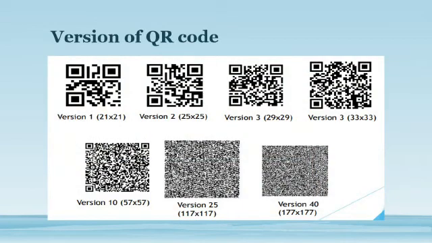These are the versions of QR code. There are 40 versions. The first version is a 21x21 matrix, and the 40th version is a 177x177 matrix.